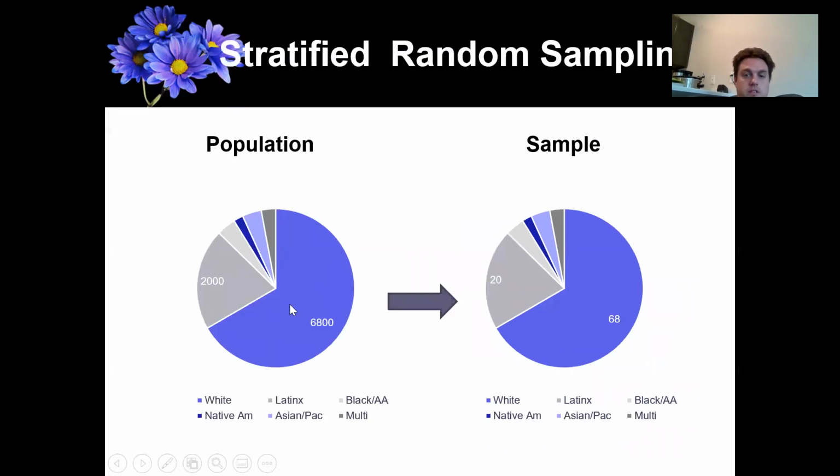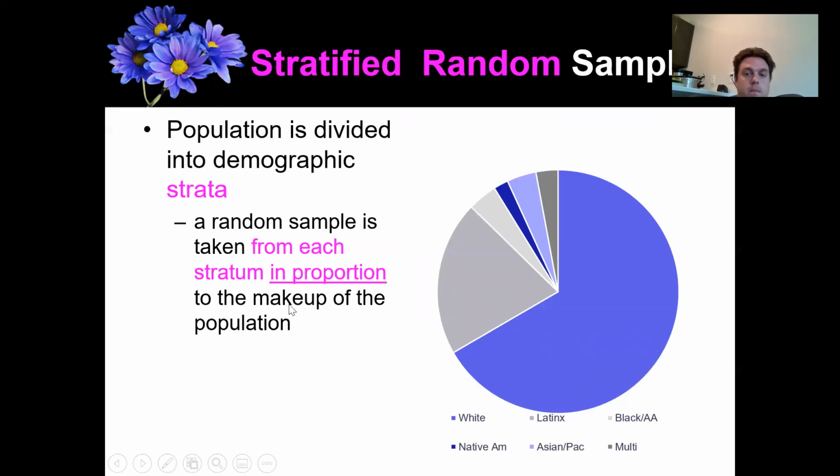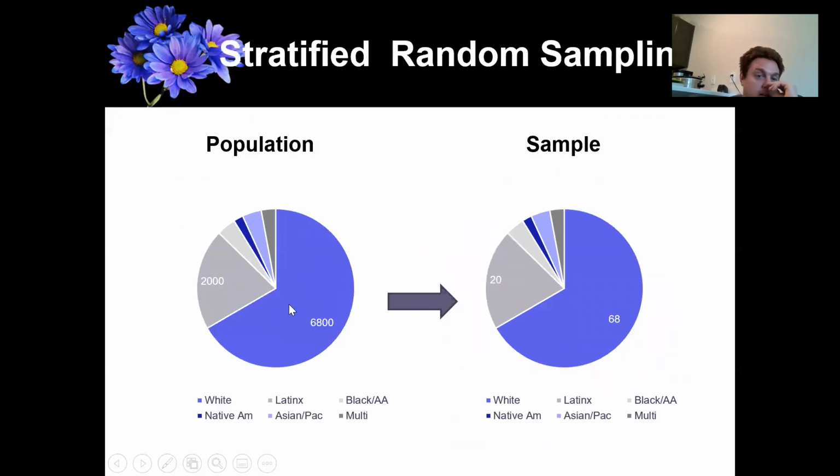Okay, so example, again, if my population is, these are just arbitrary numbers, just to help it make sense, by the way. Let's say it's 6,800 white people and 2,000 Latinx. Well, I want my sample to be representative of that.